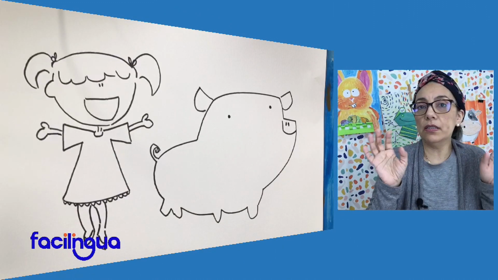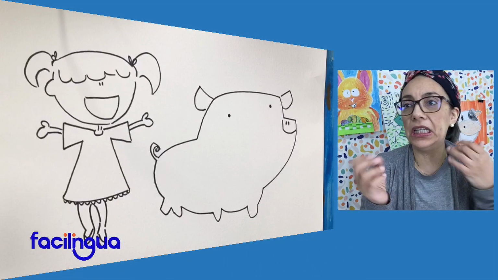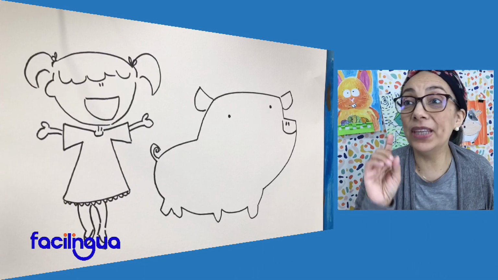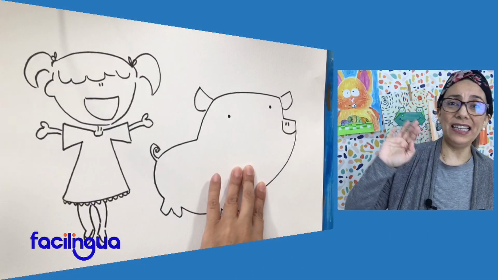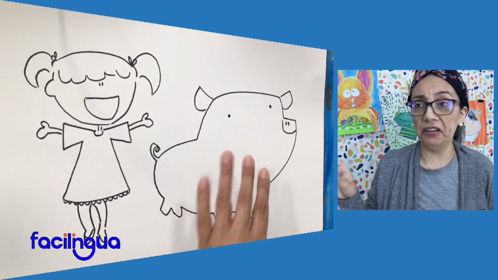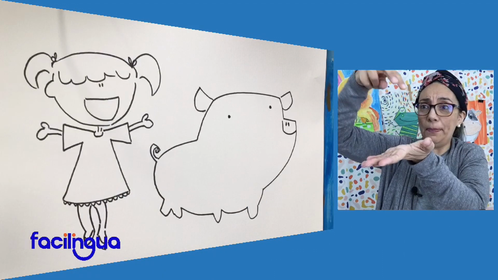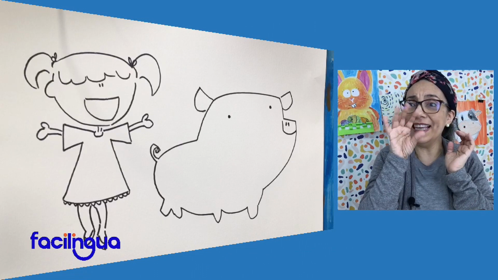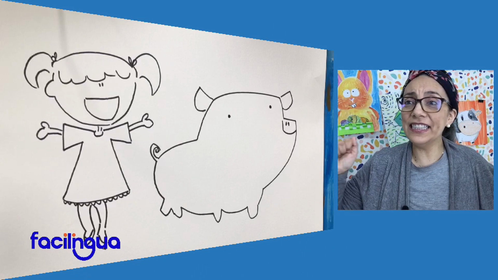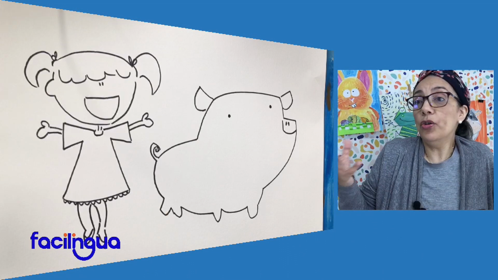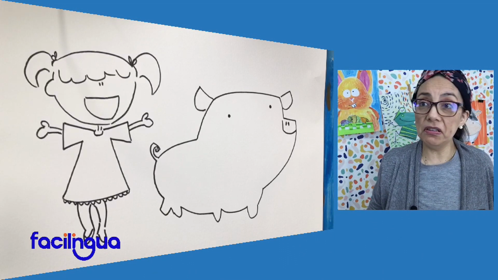The pig is eating and walking, and the pig ignores. He ignores the little girl. She is so happy and jumping, and she is saying, oh, this is a magic pig, hooray! But the pig ignores the girl.